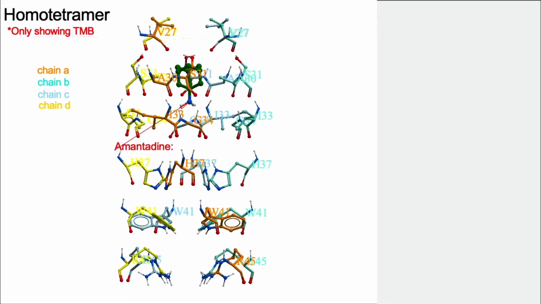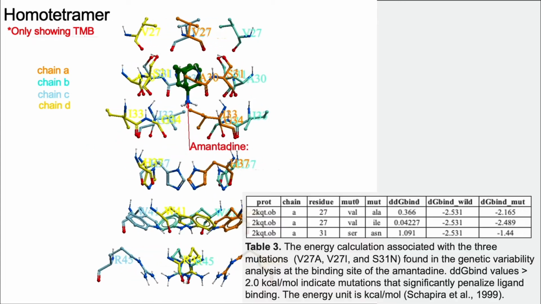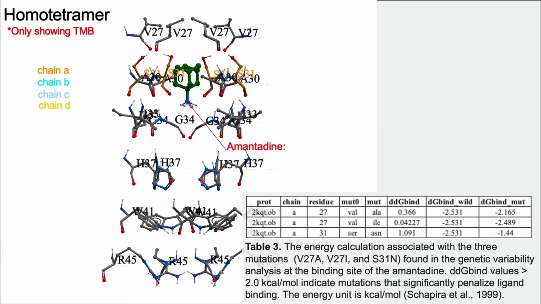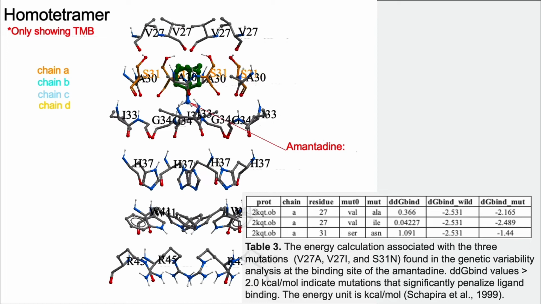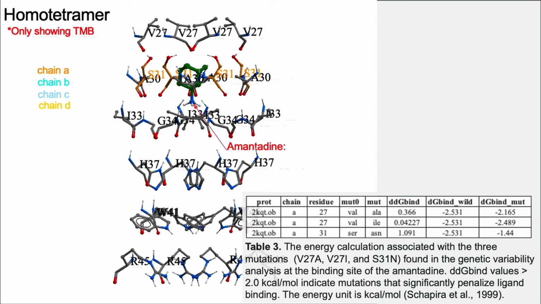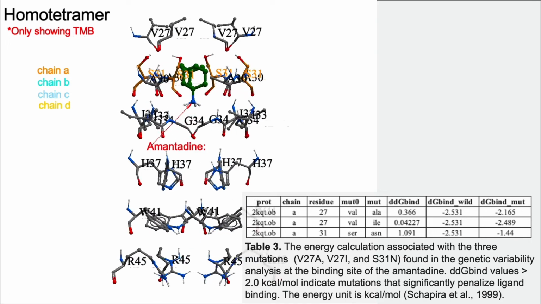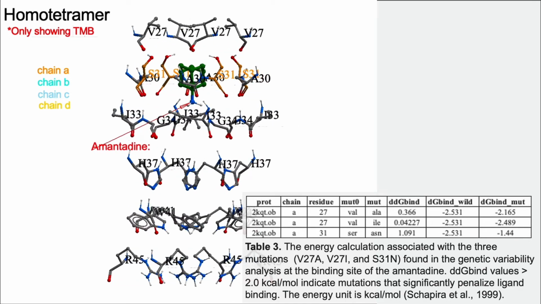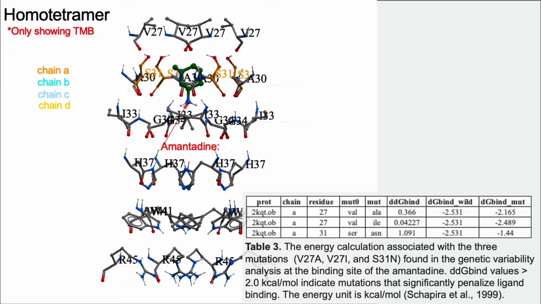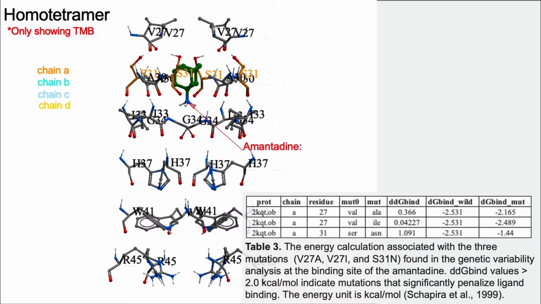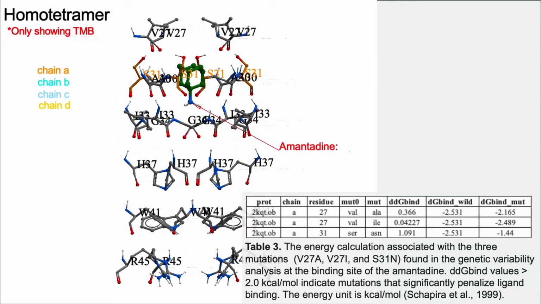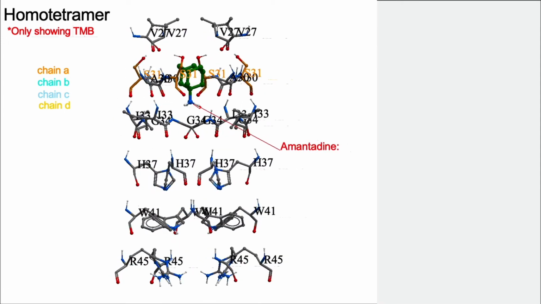Based on the calculation of the change in the Gibbs free energy for the not well conserved residues, it is noticed that no significant change in binding energy was observed for any of the alterations at position 27 and 31, and therefore these residues likely do not affect drug ligand protein interactions, shown in Table 3.